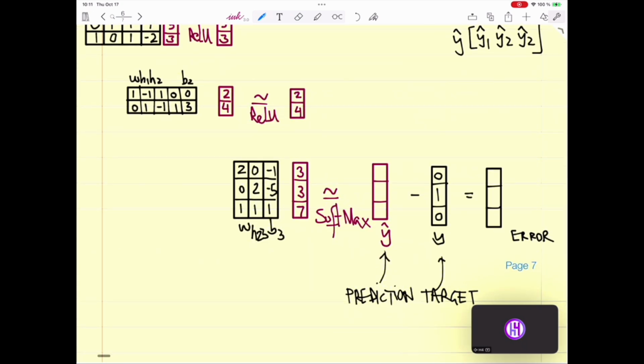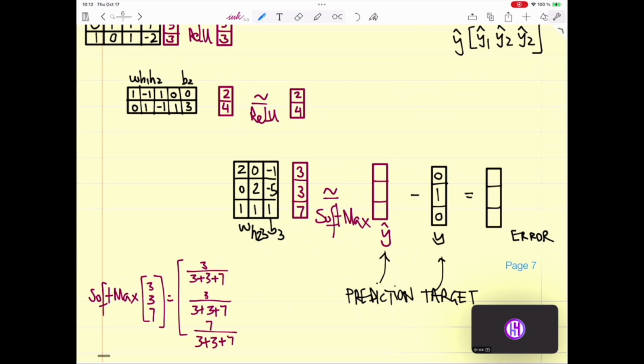Okay, so the softmax again, if we apply softmax to the vector 3, 3, 7, what we get is the following result: 3 divided by 3 plus 3 plus 7, 3 divided by 3 plus 3 plus 7, and 7 divided by 3 plus 3 plus 7, meaning we get 0.23, 0.23, 0.54.